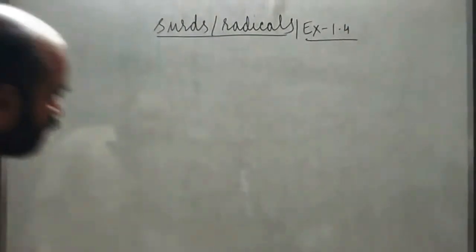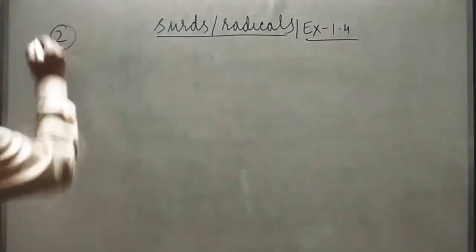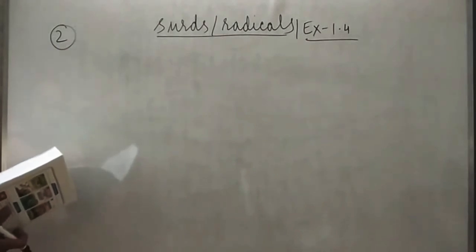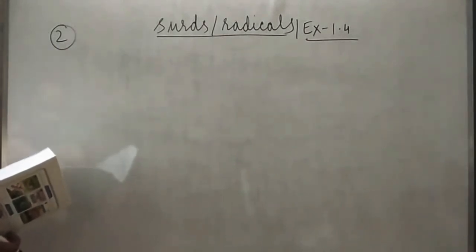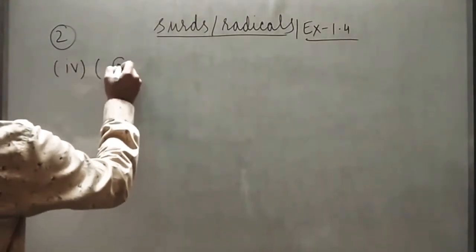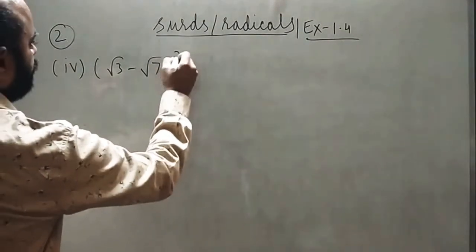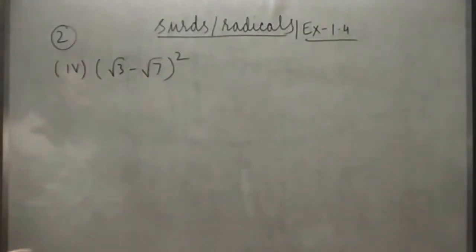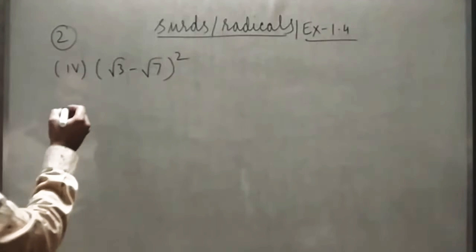So next one is question number 2, fourth part. Fourth part is root 3 minus root 7 whole square. So simply we can apply a minus b whole square. What is a minus b whole square?